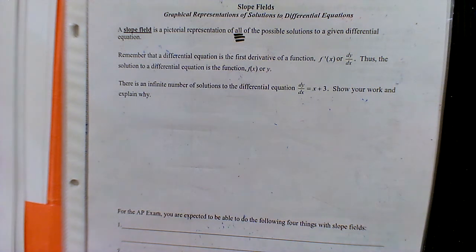So depending on what that c value is, it changes where your graph is located. Obviously, adding 5 is going to put your graph somewhere different than if you were subtracting 7 on the end. So this slope field gives us a way to visualize where every antiderivative is located, no matter what the c value is. It's going to be a pictorial representation.